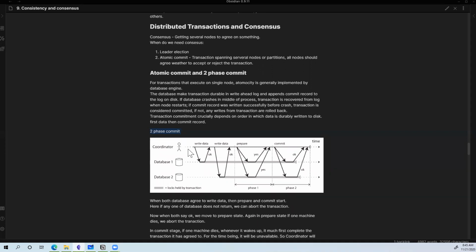But as we will discuss more, distributed transactions are expensive. So a lot of systems don't actually choose distributed transactions, but choose some weaker forms and alternatives.